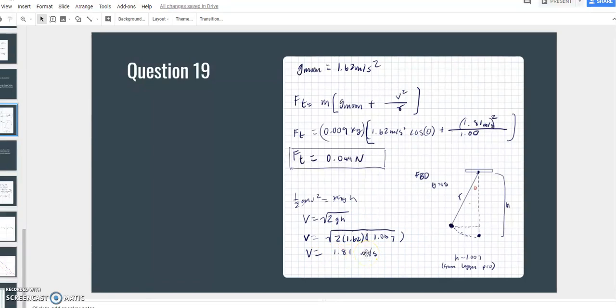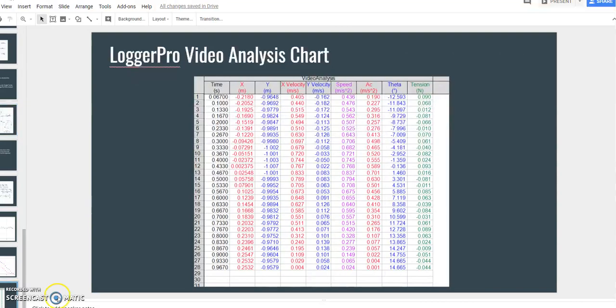So this is the speed of the ball at the bottom of the swing if the experiment was on the moon, and we plugged that into this equation and got the force of tension to be 0.044 newtons. So the 0.044 newtons force of tension is much smaller than what it would be on Earth. And that value at the bottom of the swing for the original experiment is 0.093 newtons, so a little less than half the force of tension on the Earth.